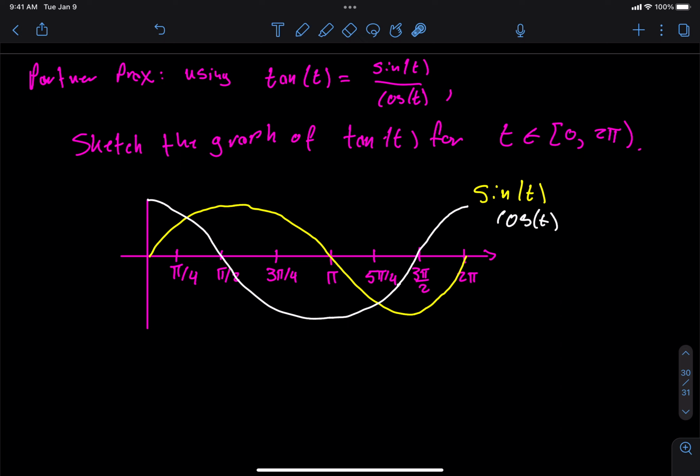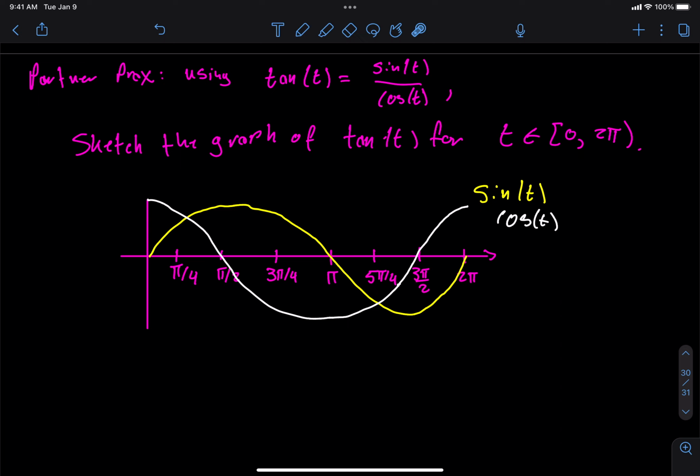So we get something like almost 1 divided by 0.0001. What kind of number will I get when I do that? A really large and positive number. So what is going to happen as we get close to pi over 2? We're going to have an answer just like that.